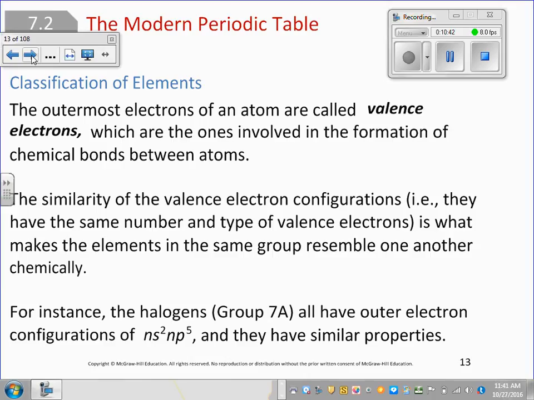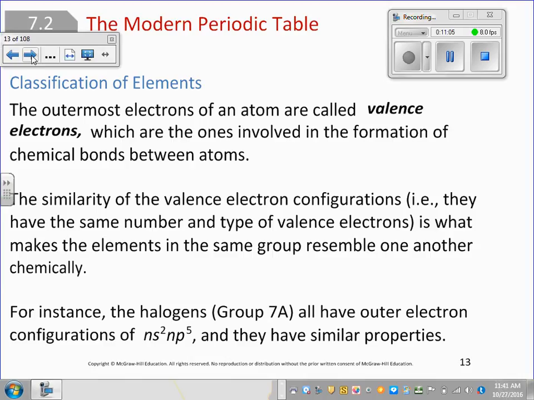So to figure out the valence electrons, oh my God, now I have to do all these electron configurations? No. Column 1 all ends in s1, so how many valence electrons? Column 2 all ends in s2, so how many valence electrons?